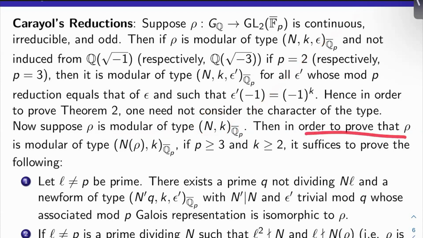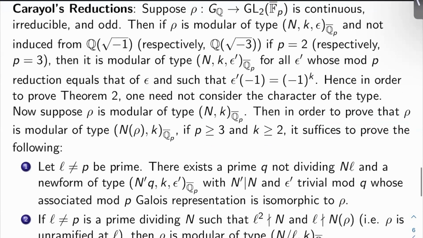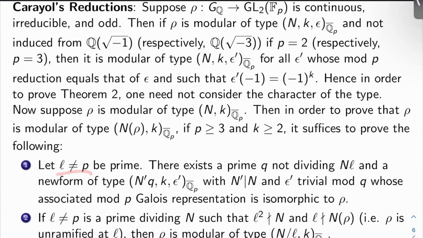Then in order to prove that rho is modular of type N of rho K over QP bar, which is what theorem 2 purports to be able to do, if P is at least 3 and K is at least 2, it suffices to prove the following two things instead of proving the entire theorem 2. 1, let L be a prime that's not P. Then there exists a prime Q not dividing NL and a newform of type N prime Q K epsilon prime over QP bar, where N prime divides N and epsilon prime is trivial mod Q, whose associated mod P Galois representation is just isomorphic to the given rho. Okay, so you've got your newform that's got a Galois representation. I want that to be isomorphic to rho.